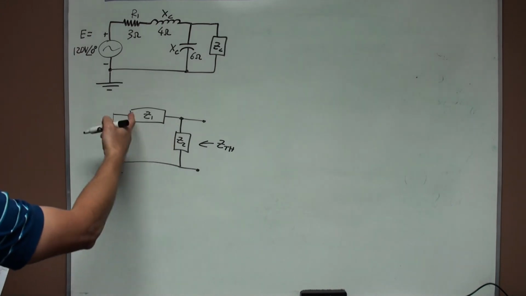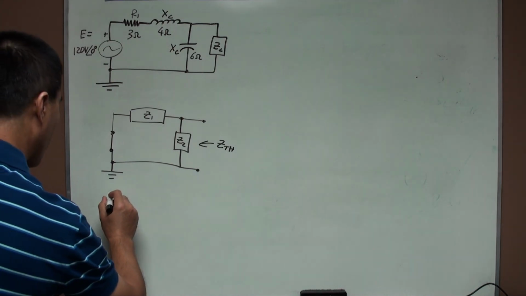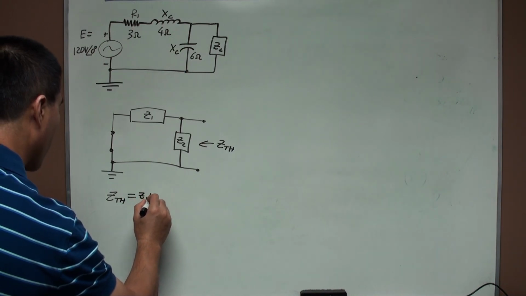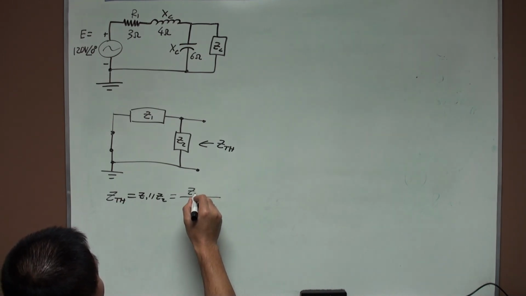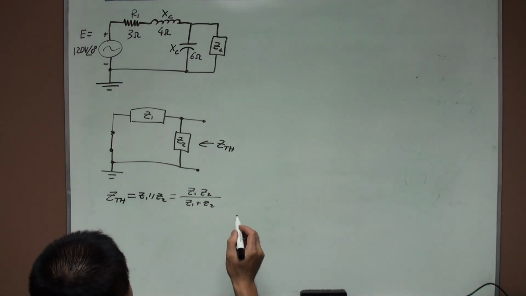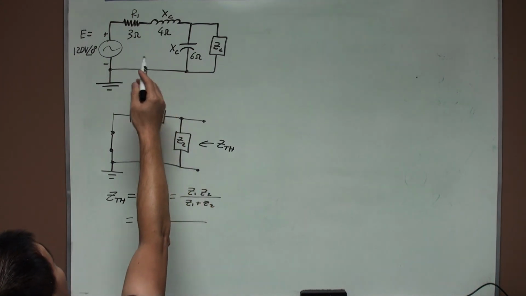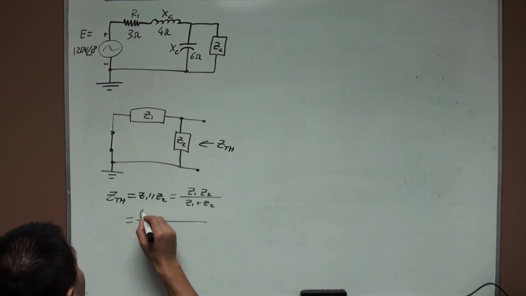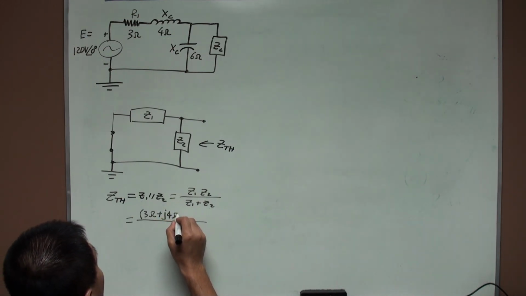In this case, we can see that Z1 is parallel to Z2. So ZTH is equal to Z1 parallel to Z2, which is Z1 times Z2 over Z1 plus Z2. Z1 is the total impedance of these two: 3 ohms plus j4 ohms.